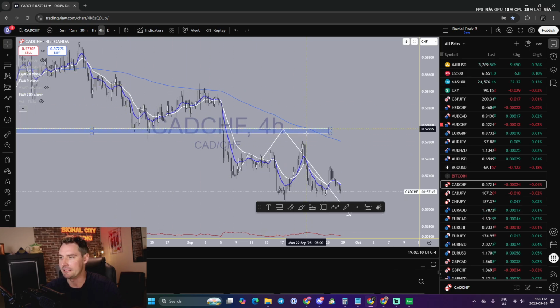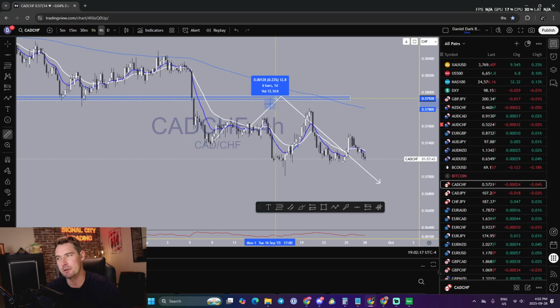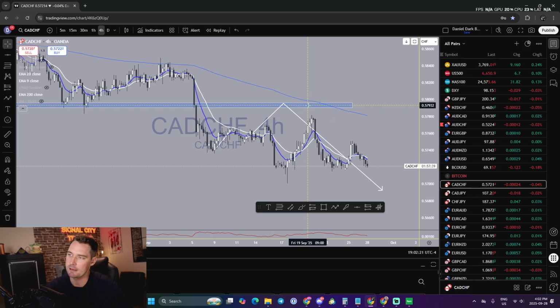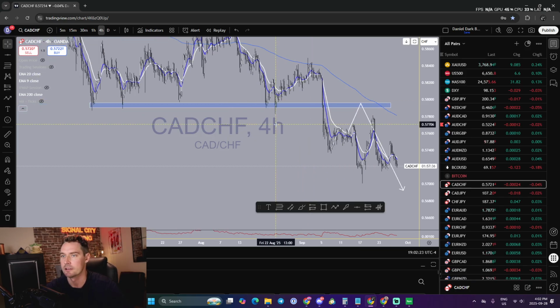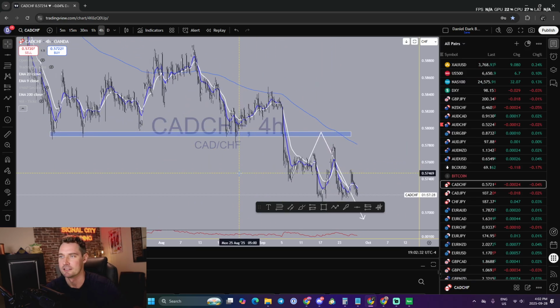But we didn't quite get the pullback we were looking for. It got pretty close. We were 12 pips away from our entry. That would have been a beautiful dump, but sometimes you just miss it. That's part of the game. But this was such a beautiful key level. We just couldn't get buyers to get back up into that sell zone, unfortunately.